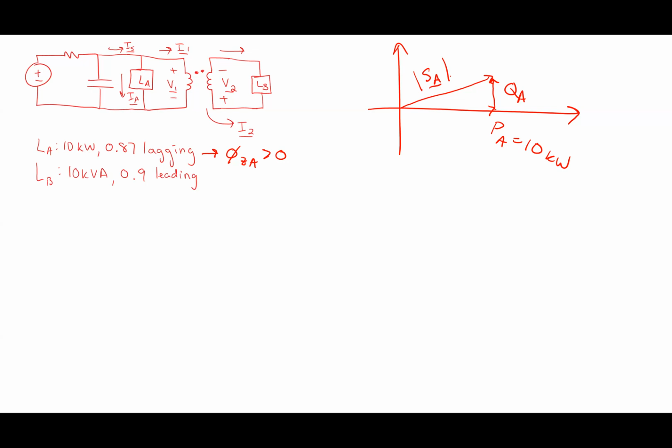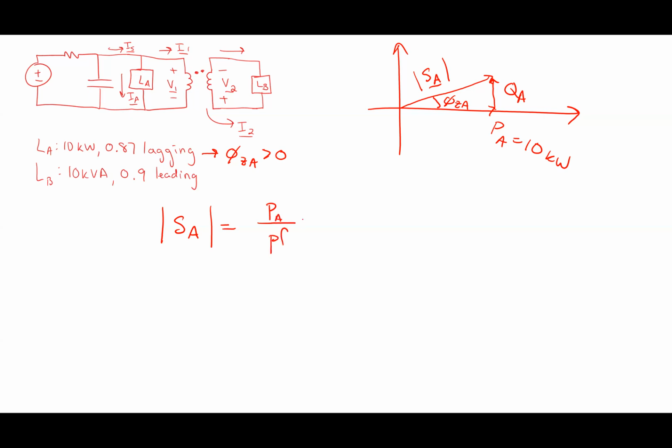How do I figure that out? Trigonometry. Yeah. All right. So phi ZA is here. How would I figure out the magnitude of SA? Let's start there. The magnitude of SA. Yep. Magnitude of SA would be P divided by the power factor.